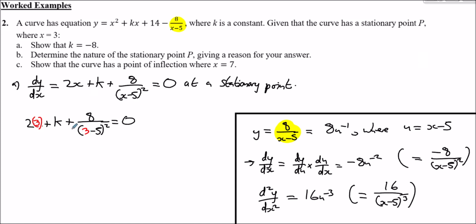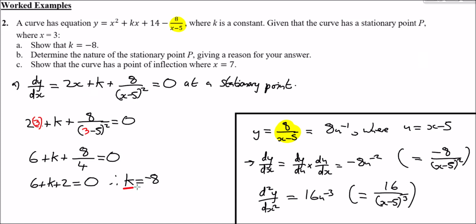Now we just work out what this is. 2 times 3 is 6. k is just k. This fraction becomes 8 over 3 minus 5 squared, which is minus 2 squared, minus 2 times minus 2 is positive 4, equals 0. 8 over 4 is 2, so 6 plus k plus 2 equals 0, therefore k equals negative 8. Part B, determine the nature of the stationary point P, giving a reason for your answer.